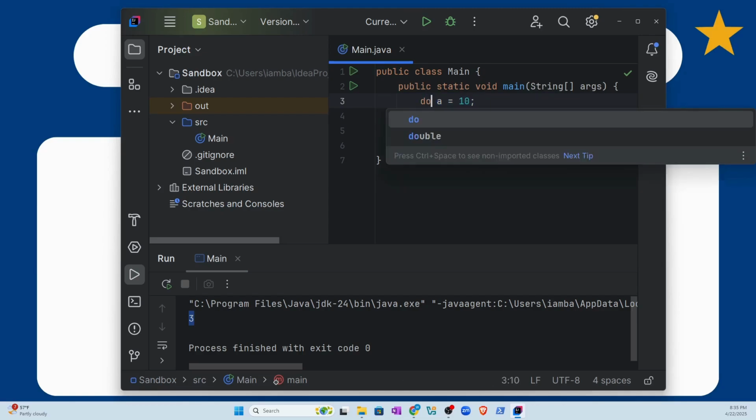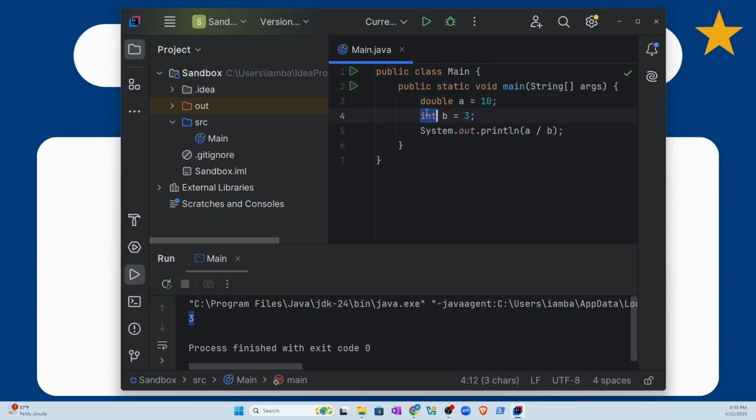If we want to increase the precision at which we are dividing, we should change these to doubles. So if we do 10 divided by 3 as a double, we should get a higher precision. And there you go. Now, this 5 at the end, the reason that this happens, it has to do with a binary rounding error, essentially.